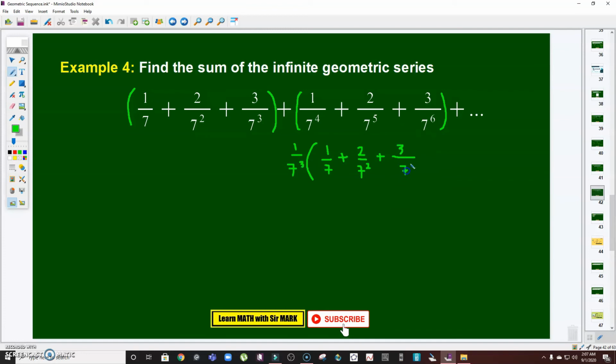So, what will be left is 7 cubed. And so on. See that? So, therefore, this will be now my common ratio, yung 1 over 7 cubed. There you go.